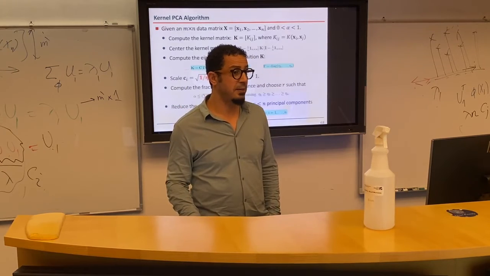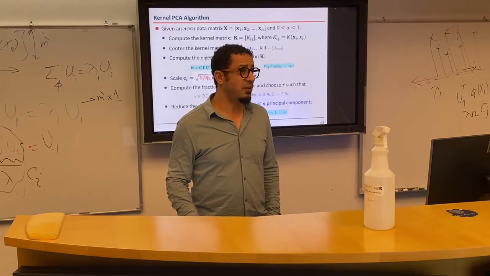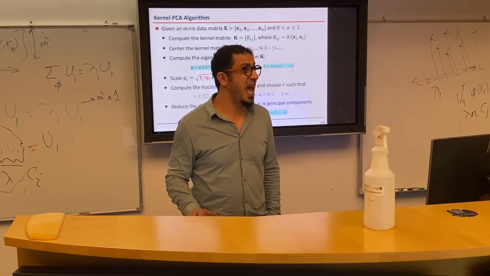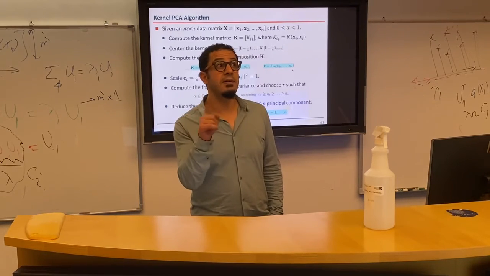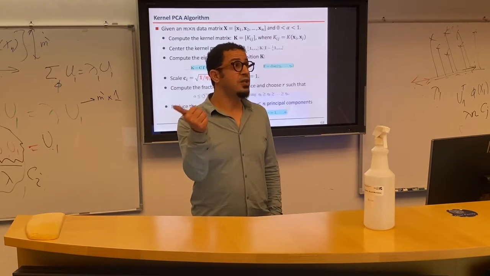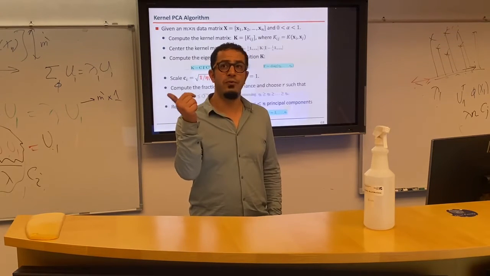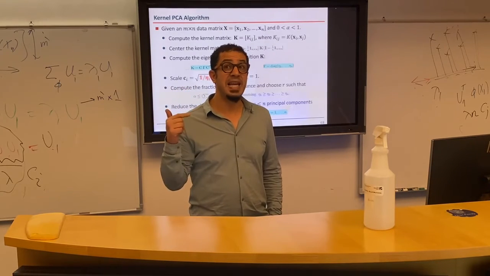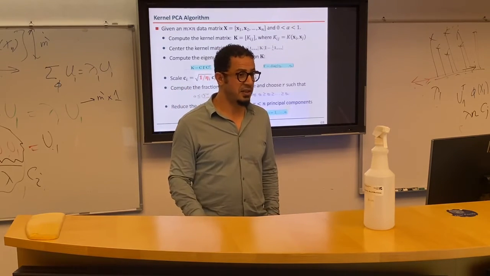Capital C is a matrix. This is a diagonal matrix. We have zeta 1 until zeta n as the eigenvalues for K. So what is the eigenvalue for the covariance matrix? We divide by n. Did you put it here or not?